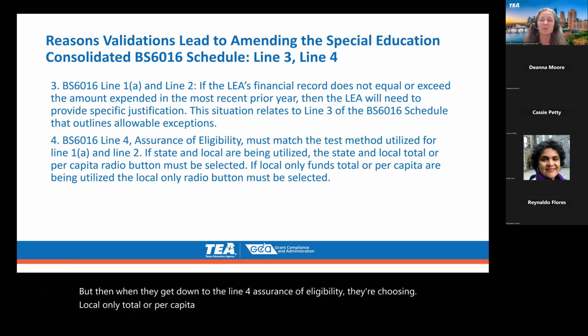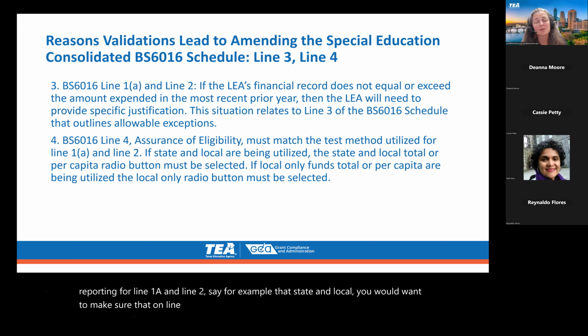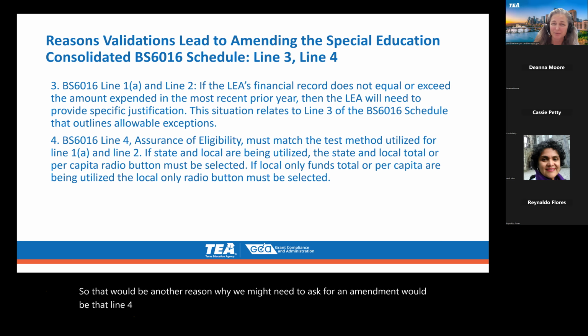So there's a misalignment there. So whatever you're reporting for line 1A and line 2, say for example, state and local, you would want to make sure that on line 4, you're selecting the correct assurance of eligibility, which would be state and local total or per capita. So that would be another reason why we might need to ask for an amendment: line 4 and making sure everything's aligned.